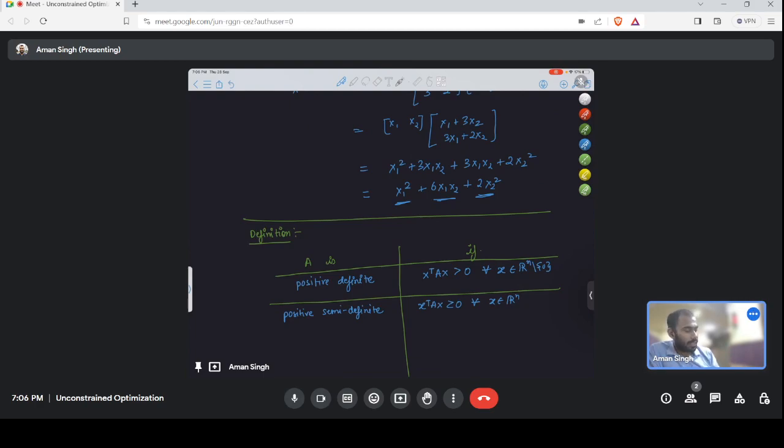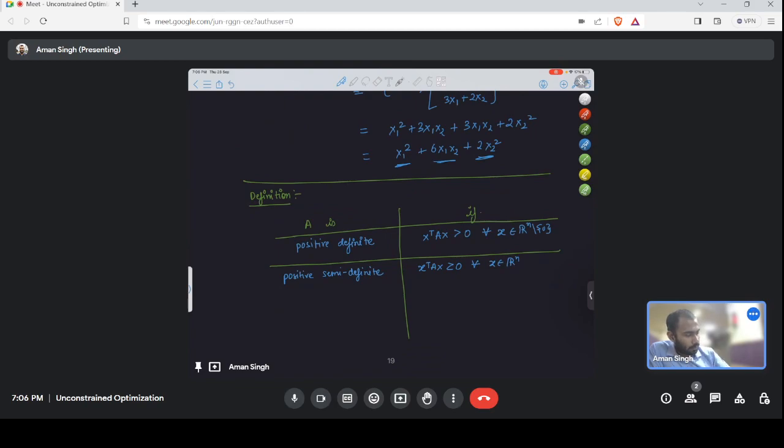It is called negative definite if x transpose A x is less than 0 for all x. So it's the same as positive, but x transpose A x is purely negative for all vectors except 0.